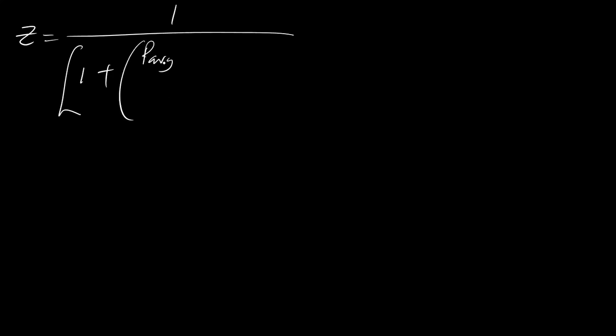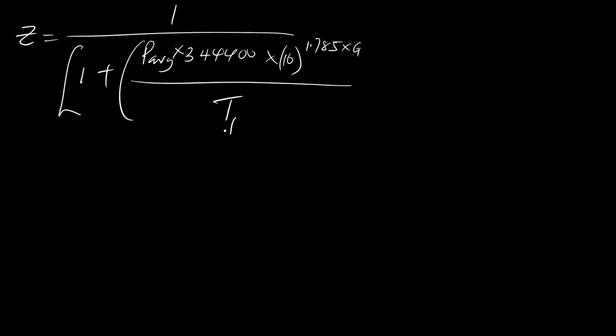So Z is equal to 1 all over bracket open 1 plus bracket open P_avg, the average pressure, times 344,400 times 10 raised to power 1.785 times G, divided by the gas temperature raised to power 3.825.